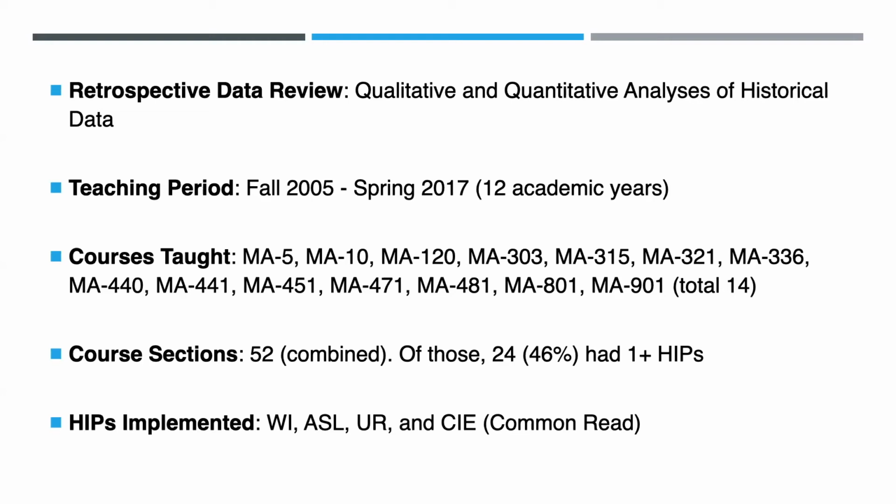And out of 52, 24 were courses that had at least one high impact practice, but often two or more. And again, this is just a reminder, there were only 4 high impact practices that I have used over the years: writing intensive courses, academic service learning, undergraduate research, and the common intellectual experience, which in our campus is a common read.